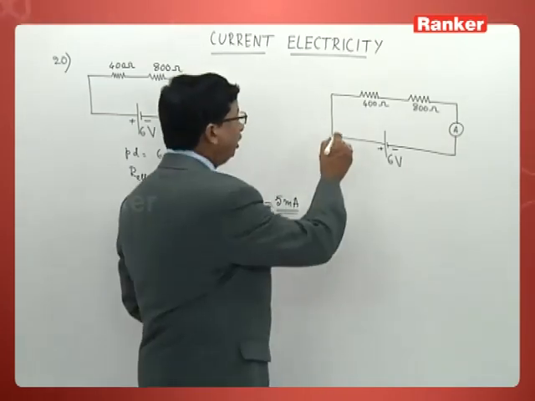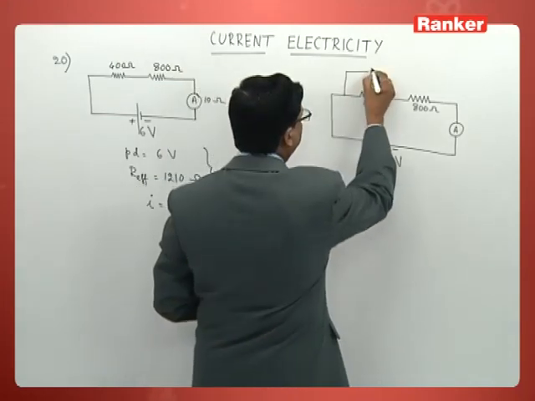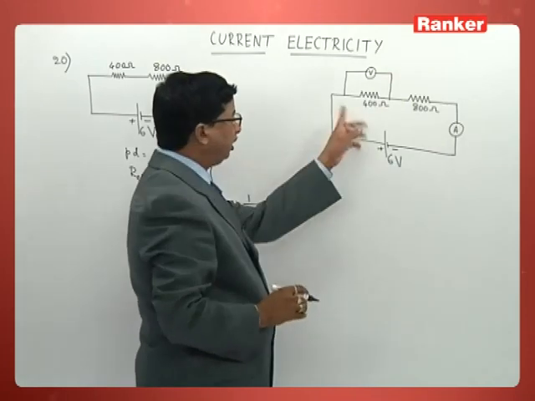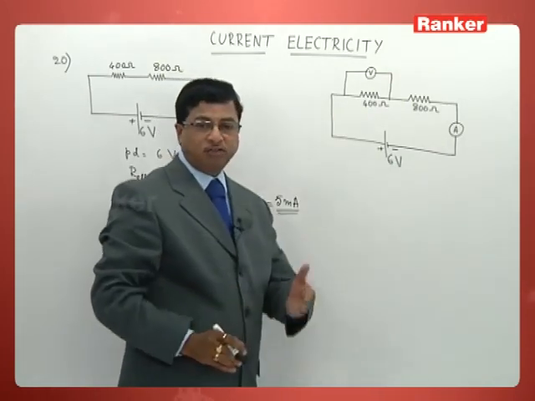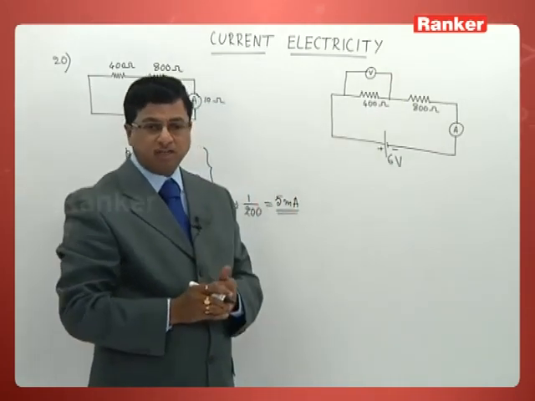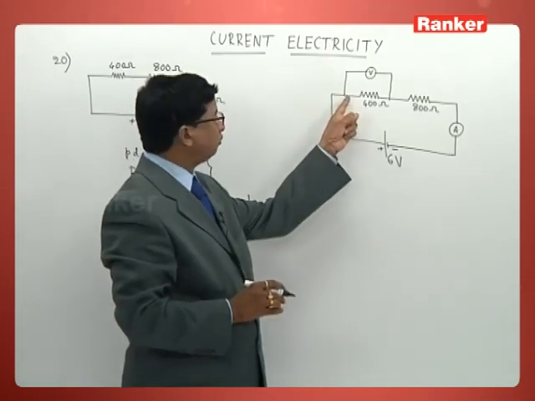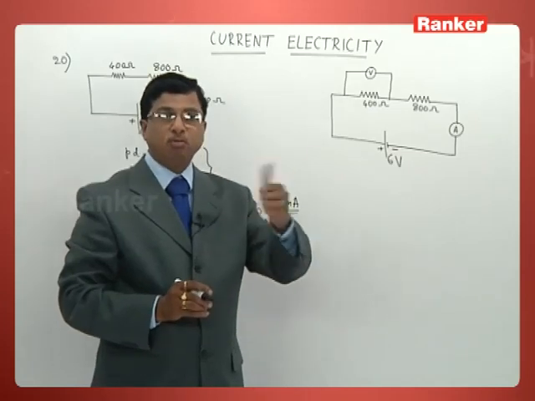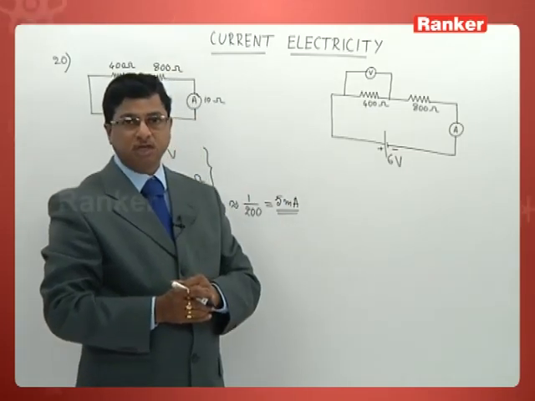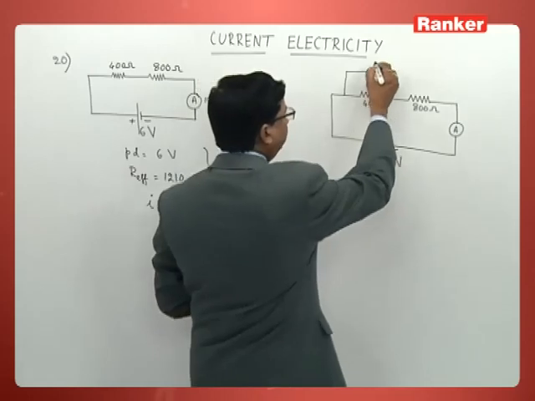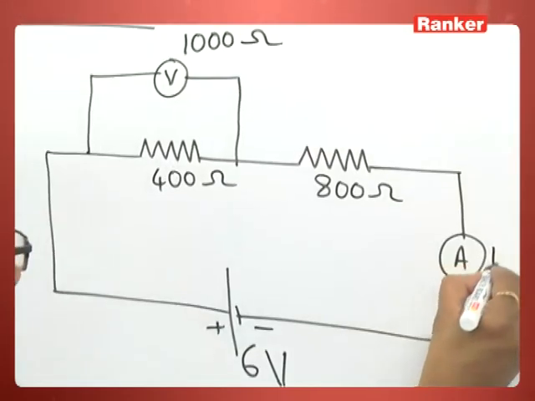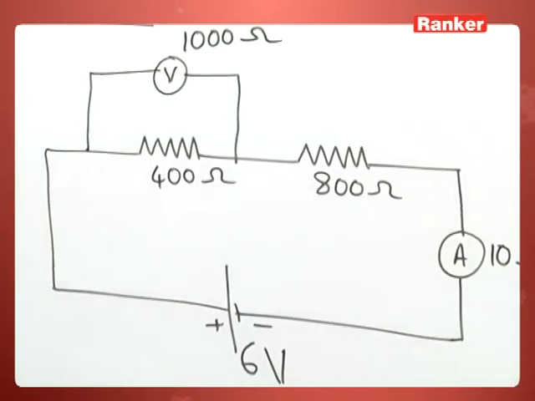So this must be the voltmeter. Why should I connect across 400? He is giving you in the problem very clearly, he just wants to calculate the potential difference across the 400 ohm resistor. So this is of 1000 ohm, and this is as usual of 10 ohm.